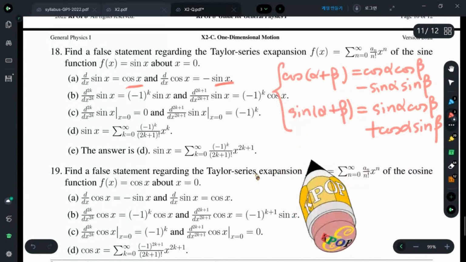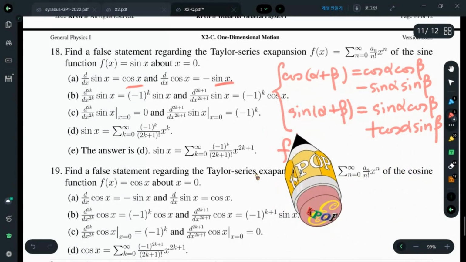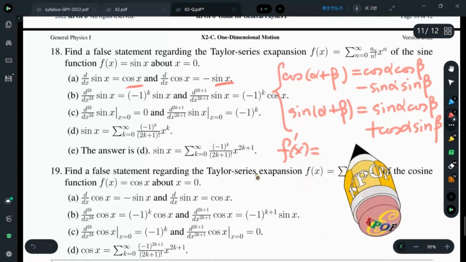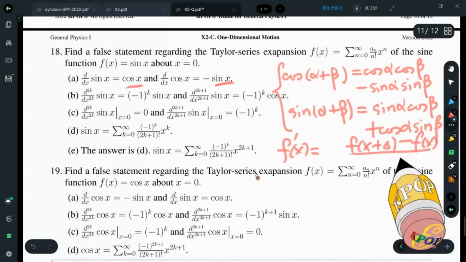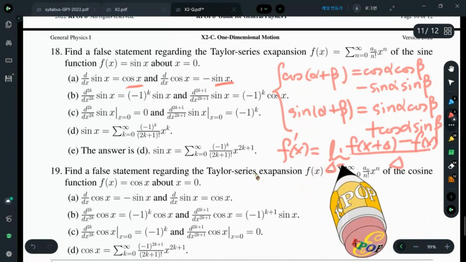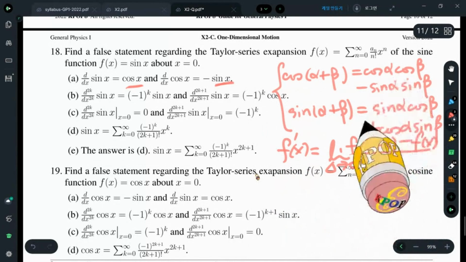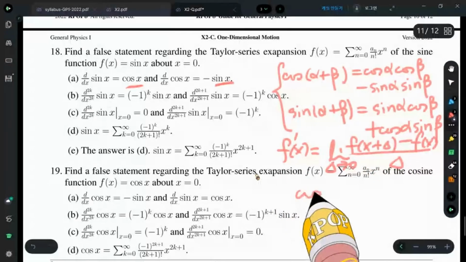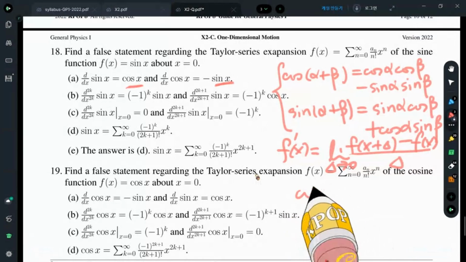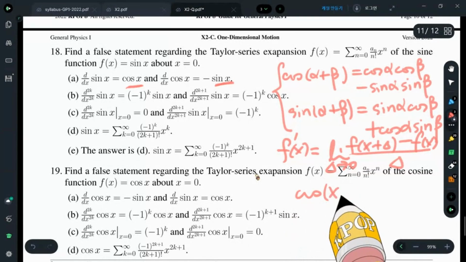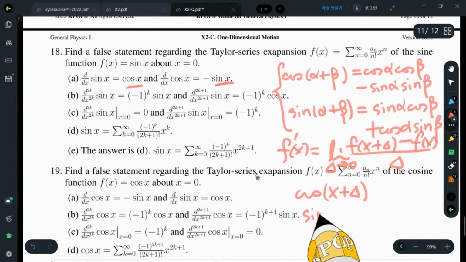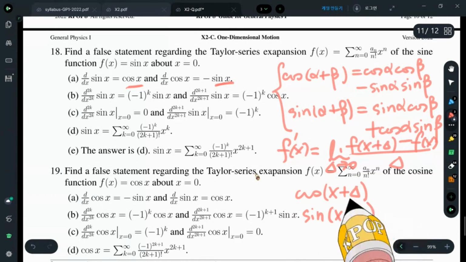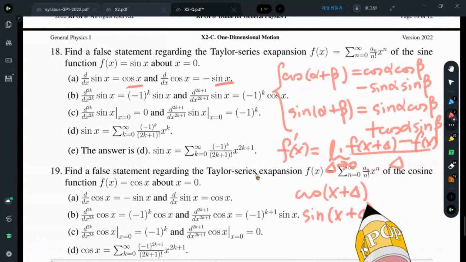So if you know this, you can make use of the definition of derivative, f of x plus delta subtracted by f of x divided by delta, and take delta goes to 0. You use cosine and sine of x plus delta, substitute x and delta and take the limit, delta goes to 0.